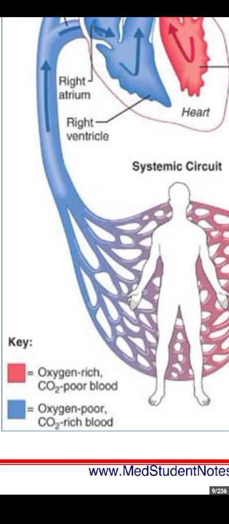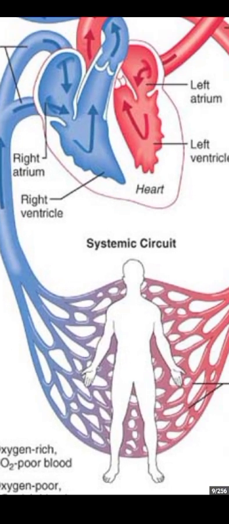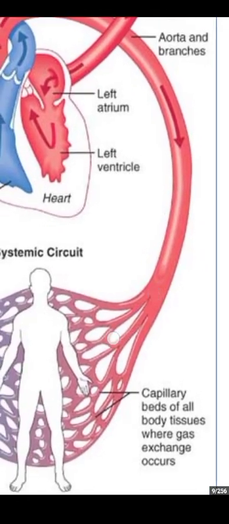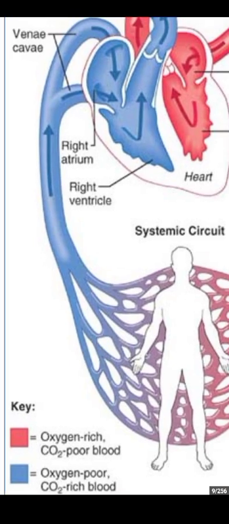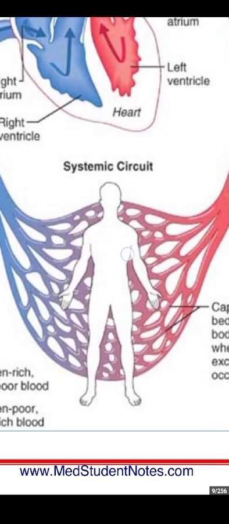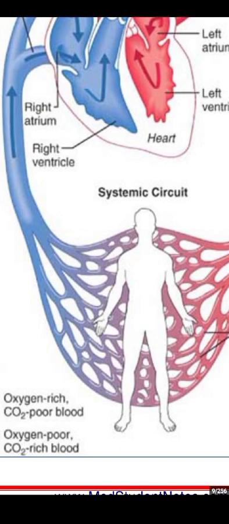Oxygen rich means there will be little CO2, and oxygen poor means CO2 is high. So the red coloring shows blood containing oxygen, and this contains a high carbon dioxide amount.